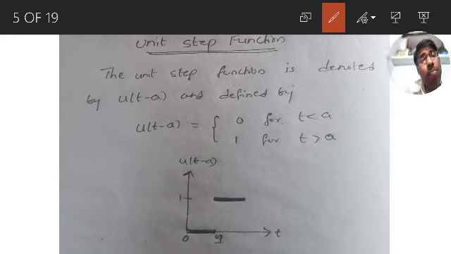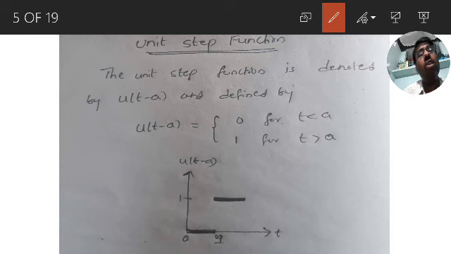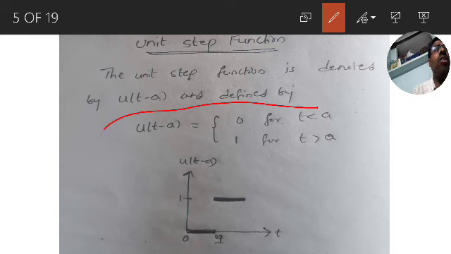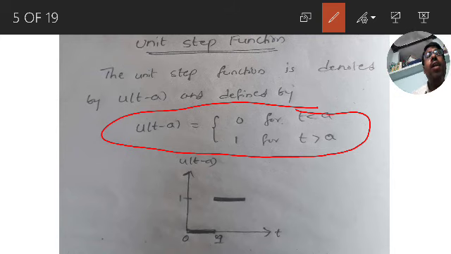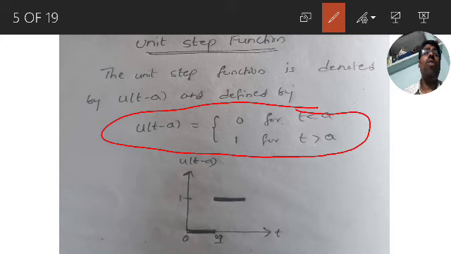It looks like steps, that's why it is a step function, and the distance is 1. Therefore, it is the unit step function. So it is denoted by u of t minus a, and for t less than a it is 0, and for t greater than a it is 1.